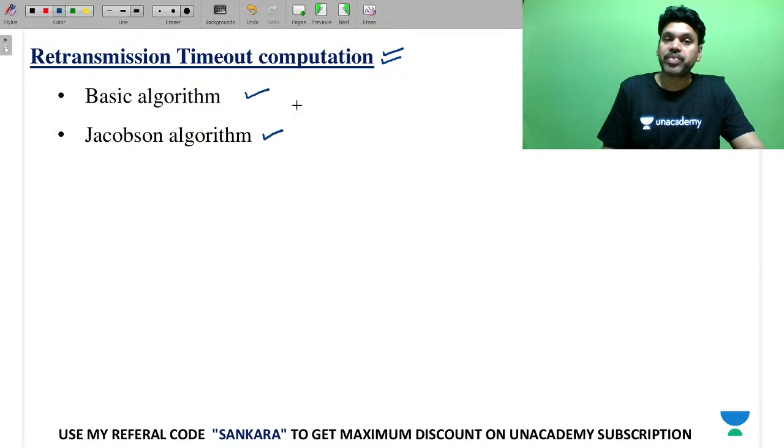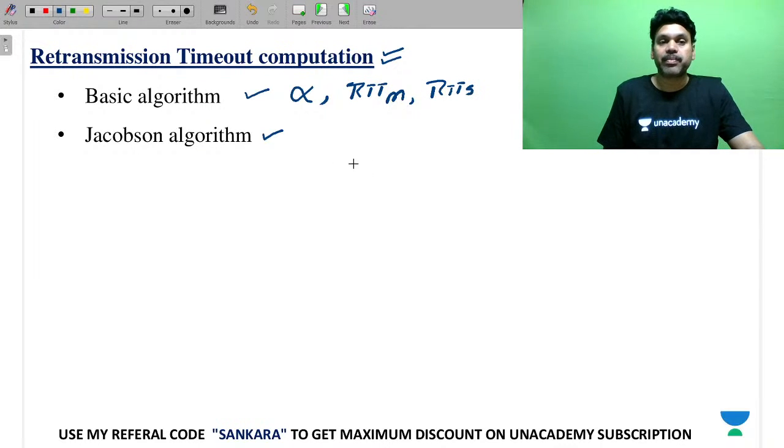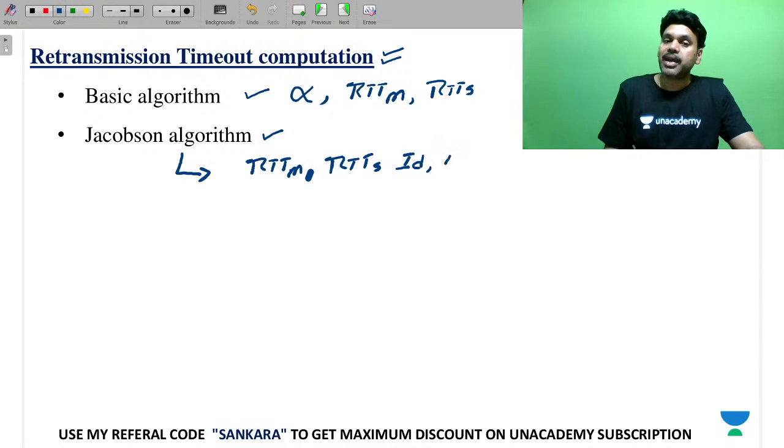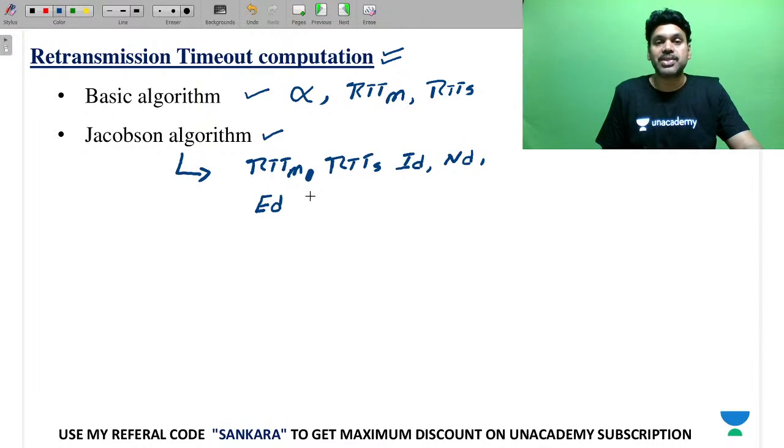The basic algorithm takes only alpha into consideration: alpha, RTTM (measured RTT), and RTTS (smoothed RTT). But the Jacobson algorithm is going to consider your RTTM and RTTS, an initial deviation and a new deviation, and the estimated deviation as well.